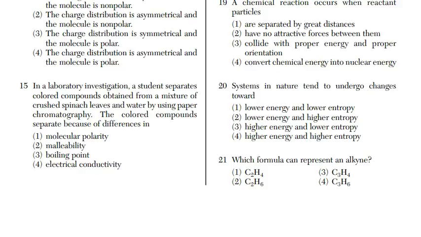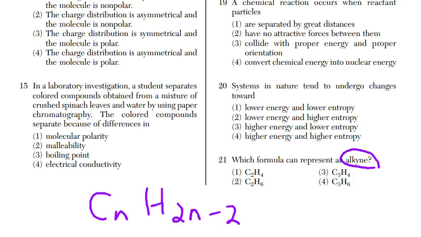So the alkyne general formula was CnH2n minus 2. N means the number of carbon atoms. If I take a look at choices 1 and 2, I'm dealing with 2 carbon atoms, and choices 3 and 4, 3. So let's plug it in.